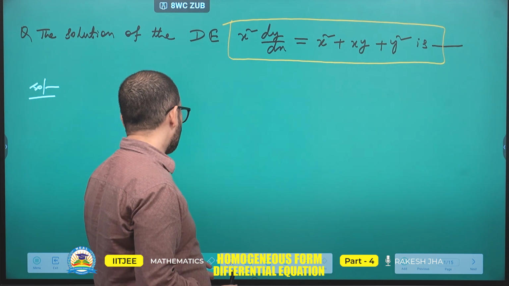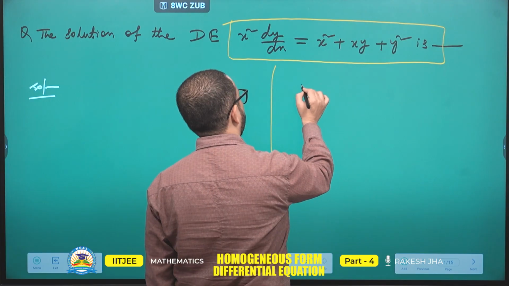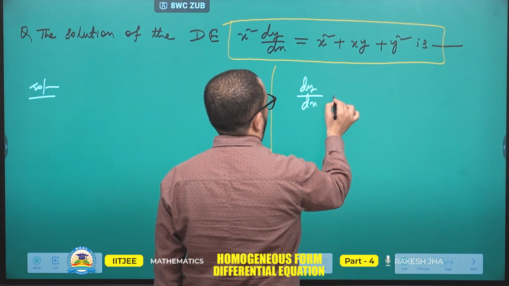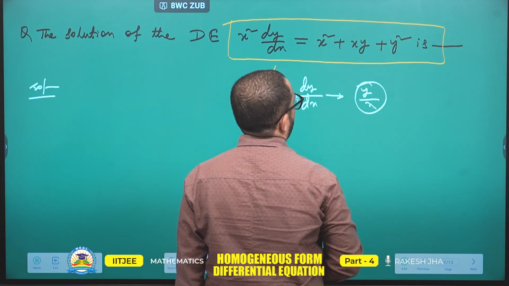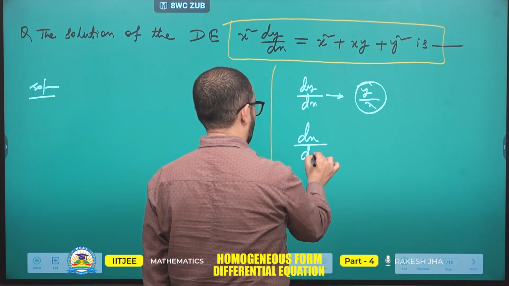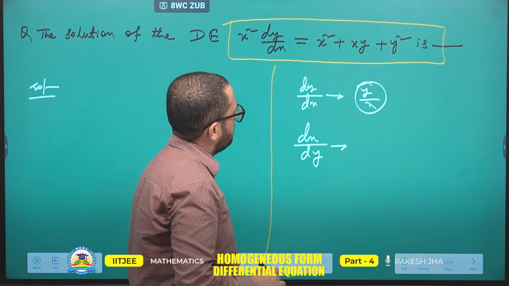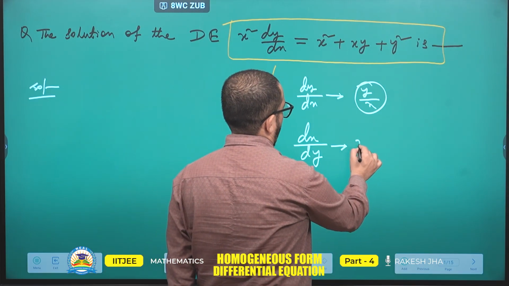So homogeneous, basically you have the form dy by dx, and on the right side you will have the form y upon x. It may be dx by dy also, when we can put the right side of the given differential equation in the form of x upon y.